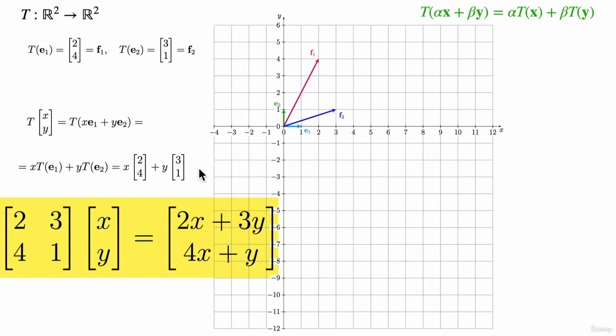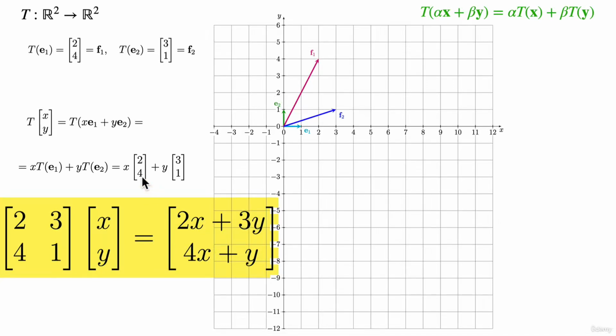And now, if I put those two vectors, so the value on E1 and the value on E2, in a matrix, as they are, like column vectors, this is the first column and this is the second column of the matrix, then I will define the product, the multiplication of this 2 by 2 matrix with a column vector in this way: it is 2 times x plus 3 times y in the first row, and in the second 4 times x plus 1 times y.